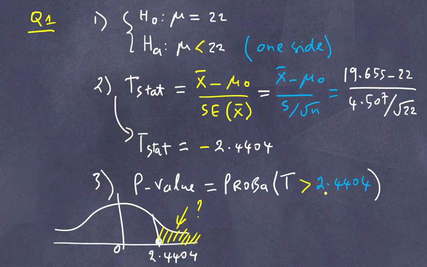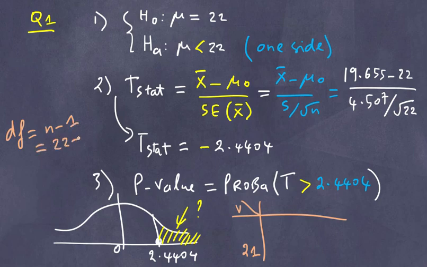Well, let's go to the t-table and we look for 21 degrees of freedom. Right? df is n minus 1, but n is 22, so 22 minus 1 is 21. We search for 2.44.